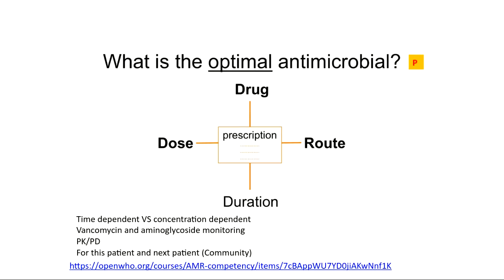You need to think about pharmacokinetics and pharmacodynamics. You need to think of vancomycin and aminoglycoside monitoring and take levels because they are nephrotoxic, for example. And when we are talking about duration, you have to use the shortest possible duration to avoid resistance for the patient and for the next patient.